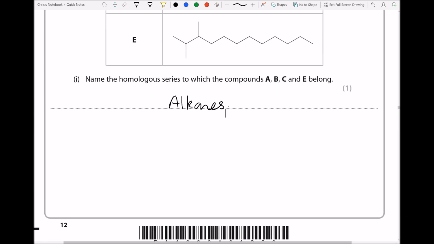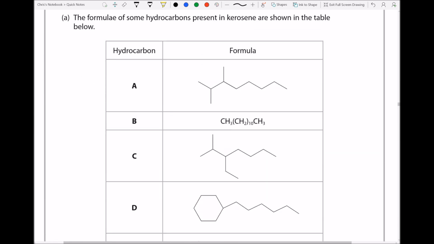Then it says name compound A. Right, so we're going to go back to compound A, which has a big long hydrocarbon chain. We're looking for the longest hydrocarbon chain. Either start from here or here, but it doesn't really matter. So we've got 1, 2, 3, 4, 5, 6, 7, 8, so we know it's going to be an octane. We've got a methyl group coming off the second carbon and a methyl group coming off the third carbon.